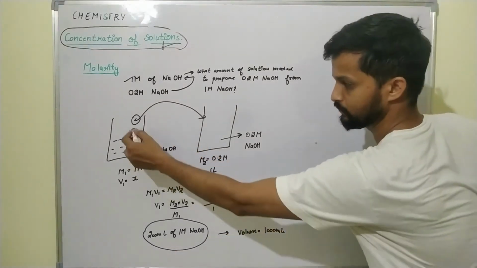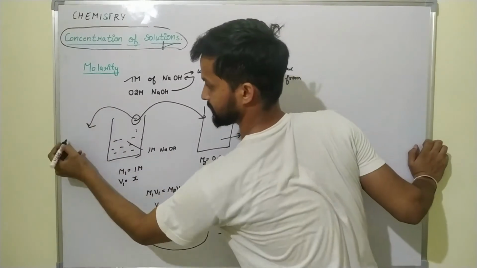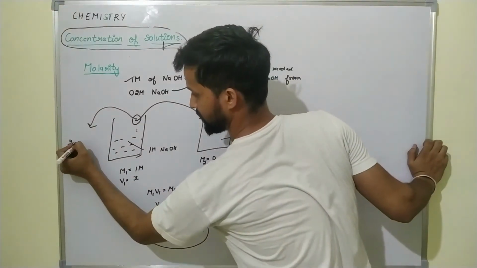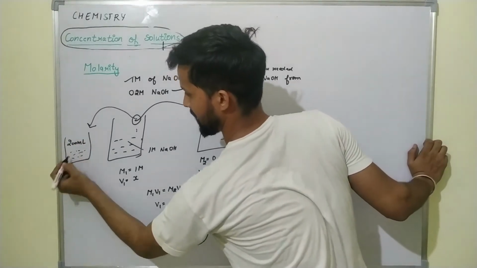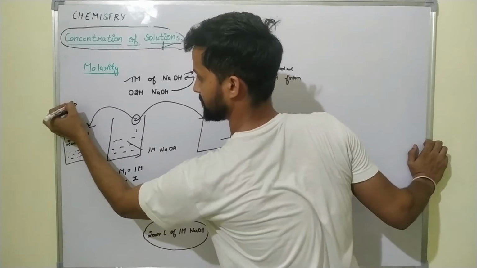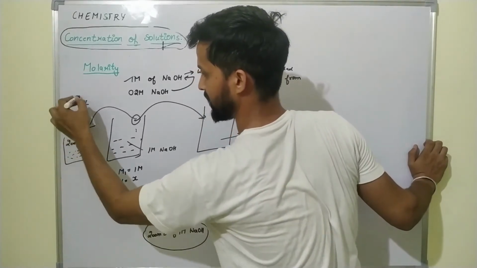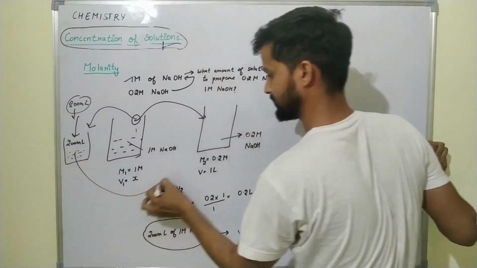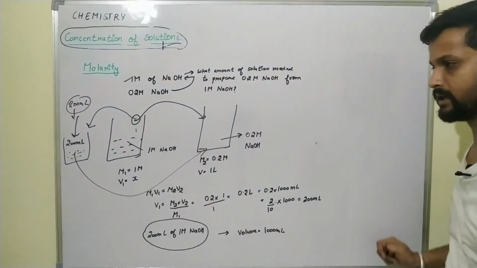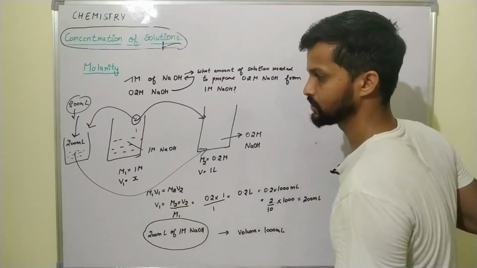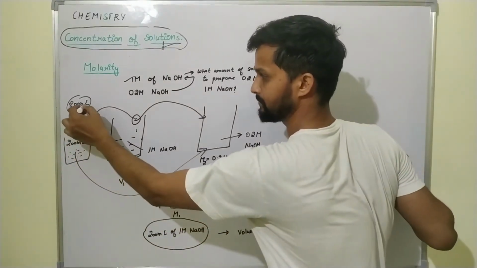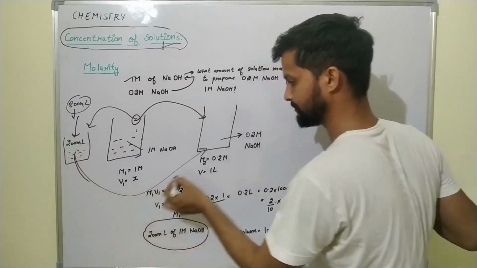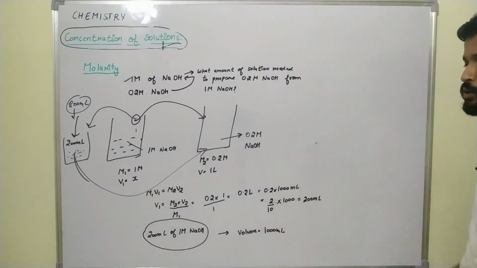We take its 200 ml in a separate beaker and add water. I again repeat, we take 200 ml solution in a separate beaker and add 800 ml water. After adding 800 ml, we prepare the 0.2 molar solution of sodium hydroxide.